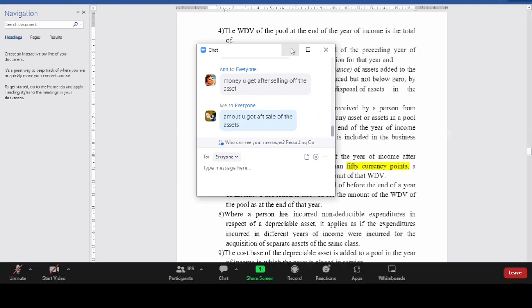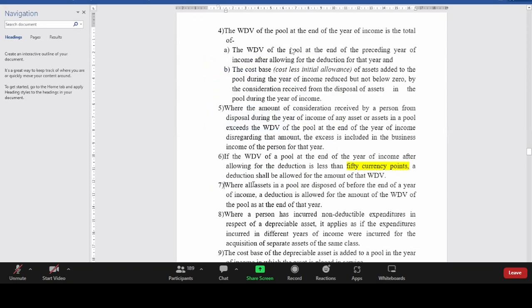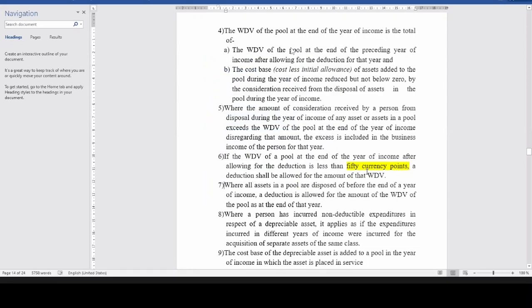Note 7, where all assets in the pool are disposed of before the end of the year of income, a deduction is allowed for the amount of the written down value of the pool at the end of the period.